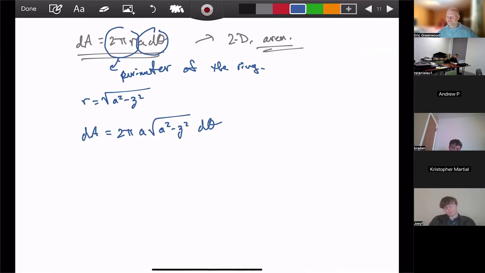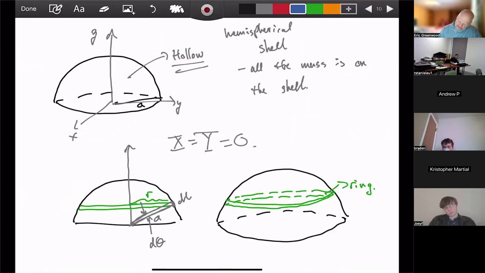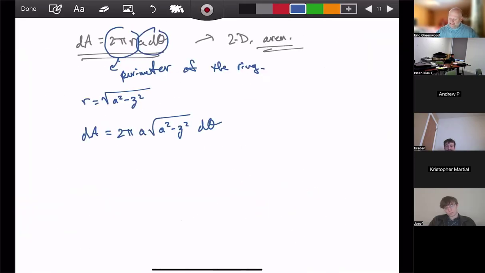Okay? Now, last thing is I have two choices. Going back to my picture, as this guy changes to this location here, my angle is going to change as well, right? So initially this is my angle, and here this is also my angle, which means that r is actually going to be a function of theta. Theta, though, is simultaneously a function of z.